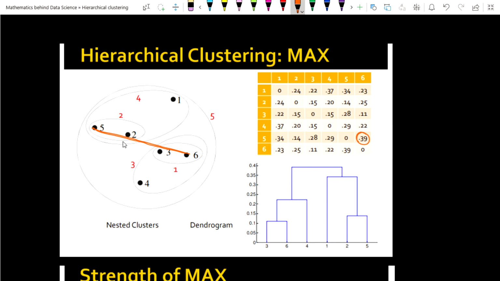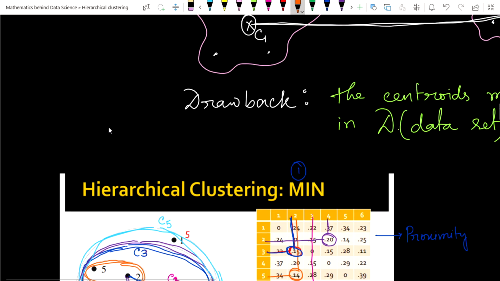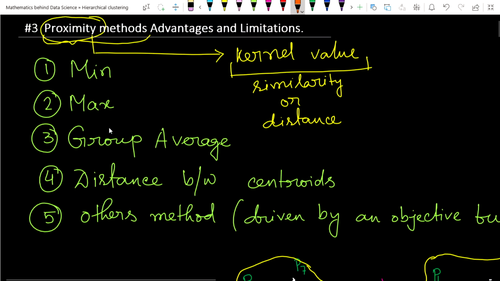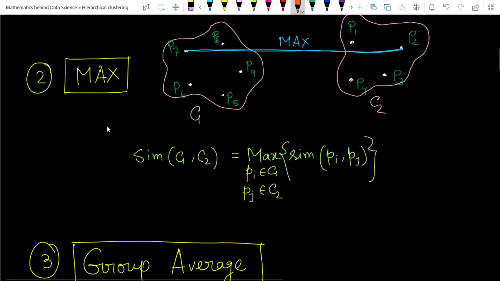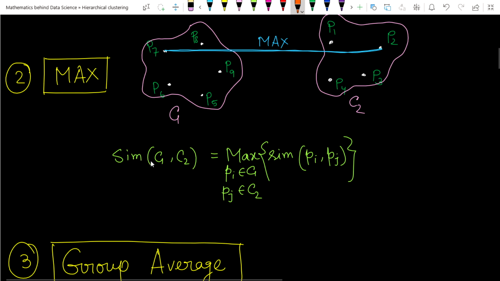Now, the first thing we have to do is make a single cluster, right, using these distances. See the max formula here. The max formula says we have to find the proximity value, meaning similarity value, and find the maximum one. At the maximum point, we make one point a cluster and the other point another cluster.